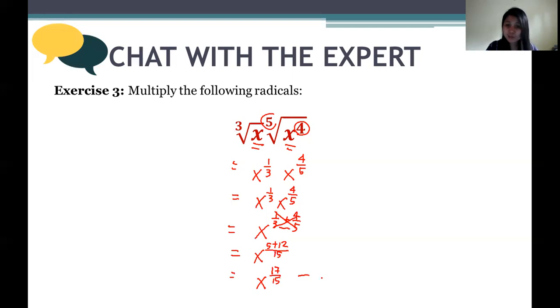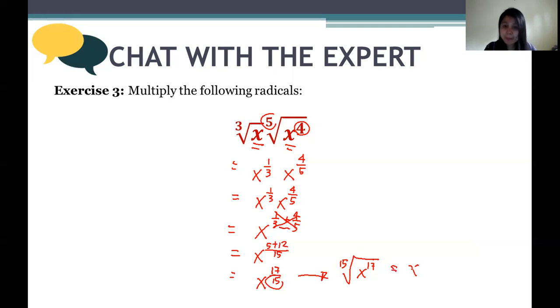Write it in radical expression. That's the 15th root of x to the power of 17. Now, we can still simplify this. You look at the exponent. 17 divided by 15, that's 1.